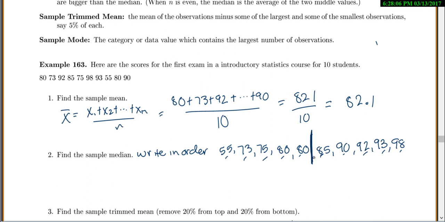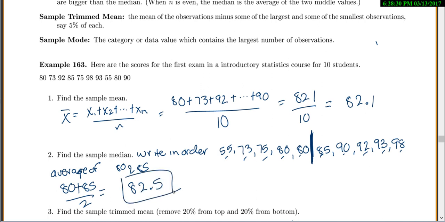I couldn't find an actual middle number because it's even. So I put a line in between my 80 and 85. And we'll say our median is the average of 80 and 85. So 80 plus 85 divided by 2 gives me 82.5. So that's my median. The median is your middle number.